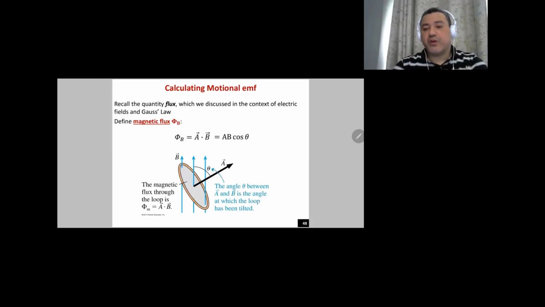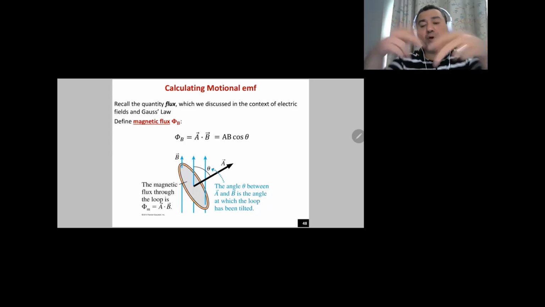So as I said before, you can achieve a variation in the flux using either concept: by having the magnetic field uniform and changing the area, moving the area or moving the loop, and in this case you will have a variation in the flux, or you can achieve it by having a constant and stationary loop and a magnetic field that is varying with time, or by both of them at the same time.